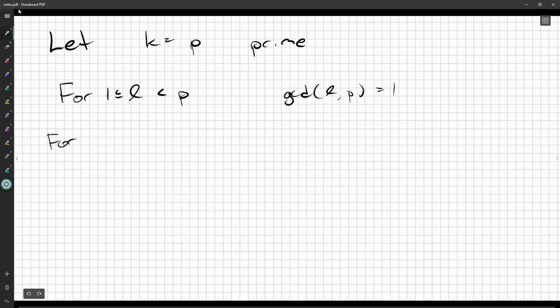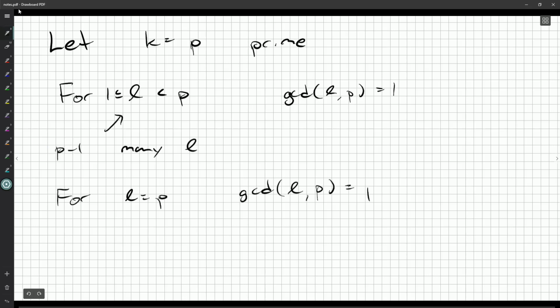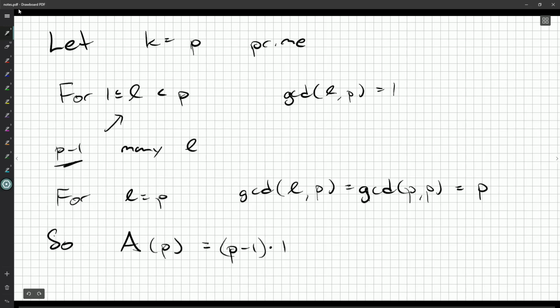So there are p minus 1 many L. And then for L equal to p, the GCD of p with itself is just p. So I think what we've shown here is for a prime p, A of p is (p minus 1) times 1 plus 1 times p, and that's going to be 2p minus 1. So that's good.